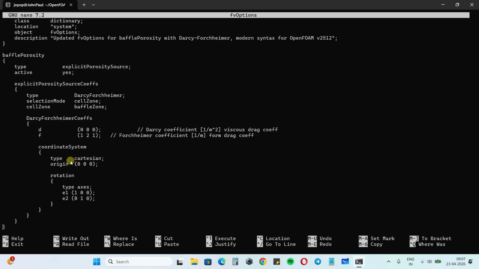But in my case, I'm just considering a single porosity cell zone, following the same global coordinate system. So specify which cell zone to apply to, and also the coefficients, and that defines the additional drag-based source terms for our permeability model. So we have that. Save it, Control O and Control X.